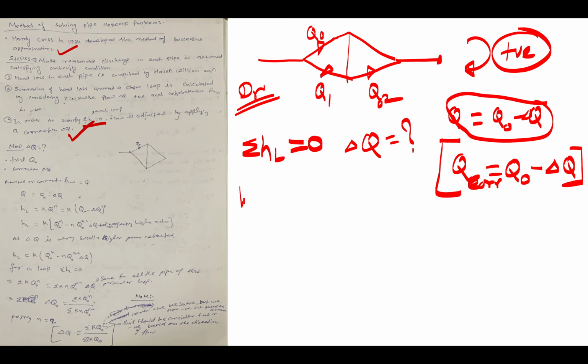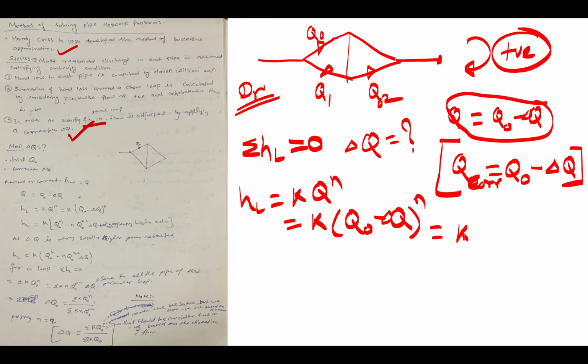So your HL is equal to what? HL is equal to K Q to the power N. And here Q is Q naught minus delta Q, to the power N. Using the Taylor series, what you will get?